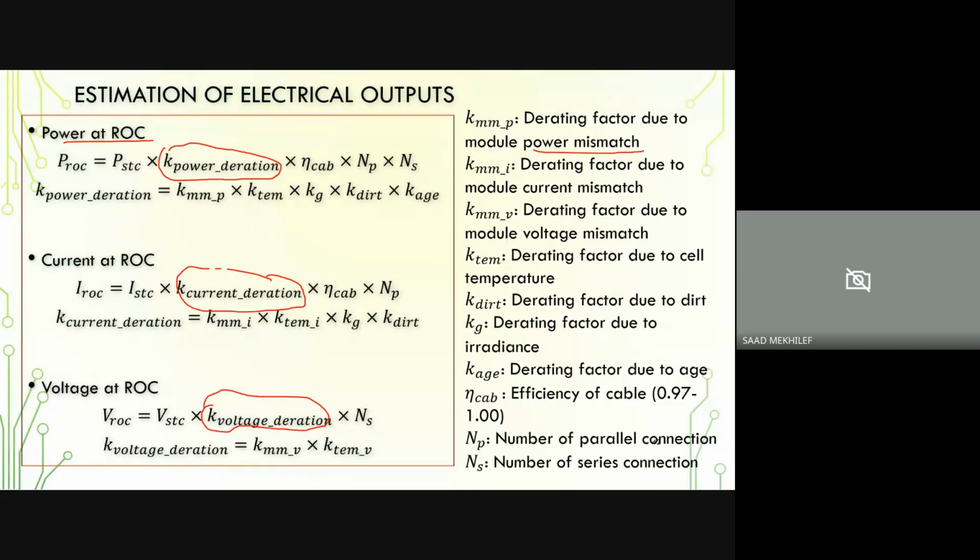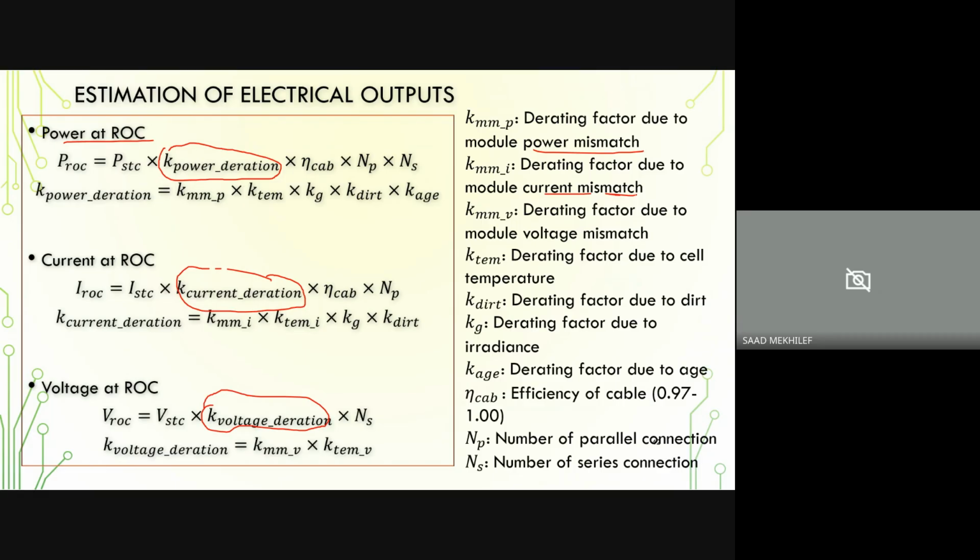That they are 100% the same, right? But in reality, they are not. You may have one module with an open circuit voltage of maybe 5.6 and another of 5.3, a 0.3 difference. This is what's called derating due to mismatch, due to power mismatch.